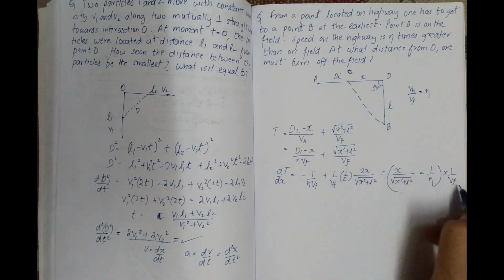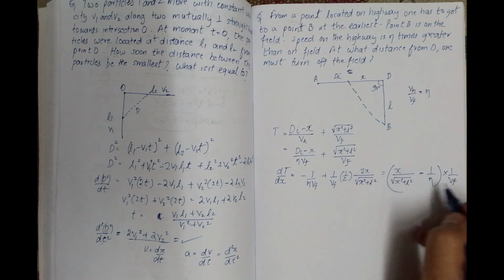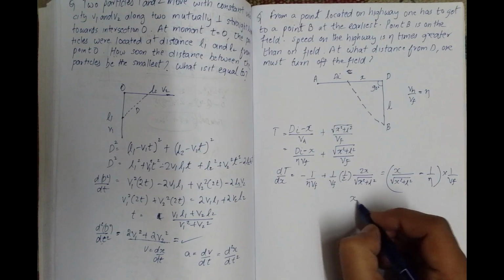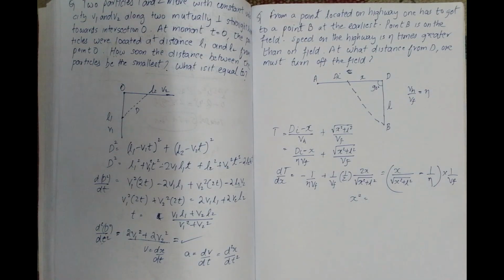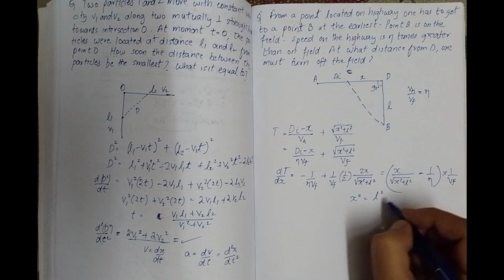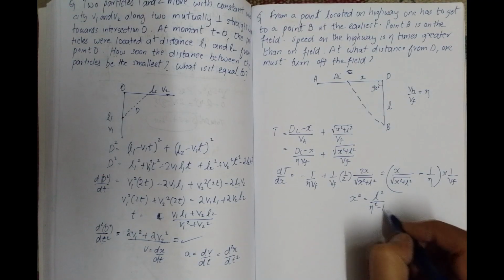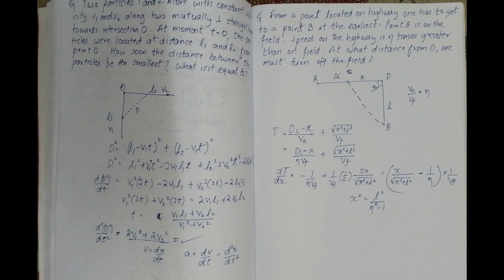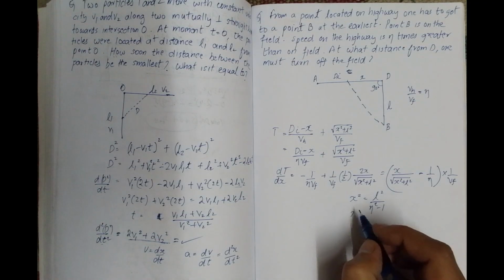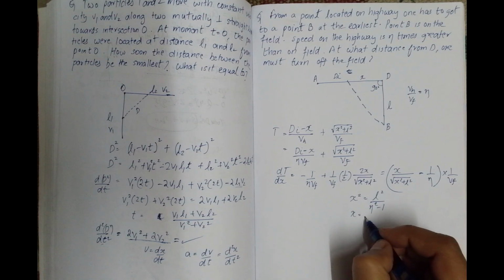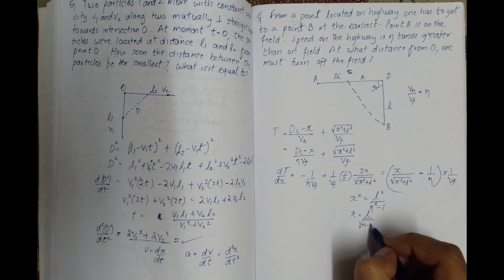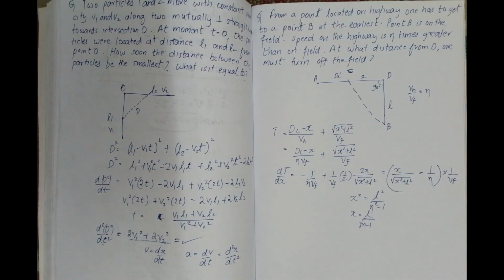Now you equate this to 0, and if you do that you will get x square equal to L square by n square minus 1. So x will be equal to L by under root of n square minus 1. You'll get this.